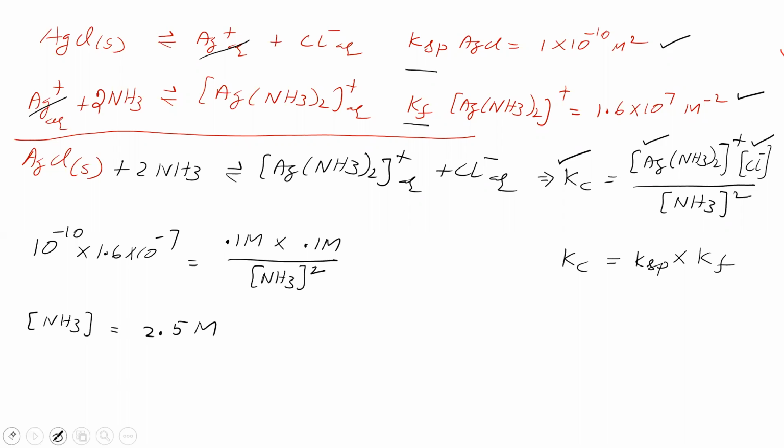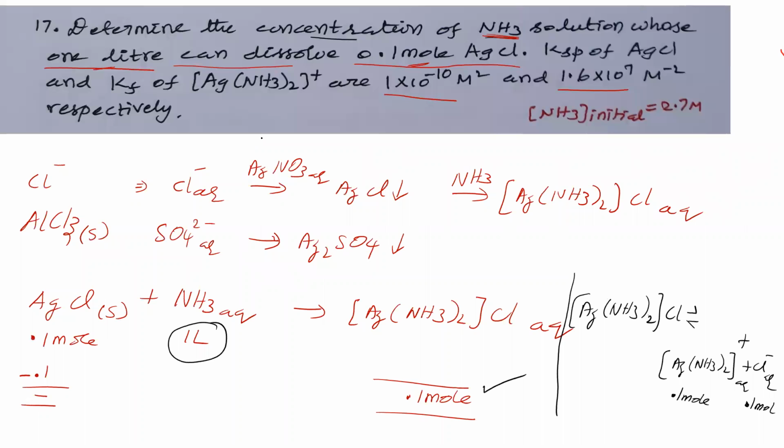Now we will see what they asked in the question. Determine the concentration of ammonia solution whose 1 liter can dissolve 0.1 mole of silver chloride. That means, are they asking what concentrated ammonia solution we are taking? Otherwise, at equilibrium they are asking? Think about it.